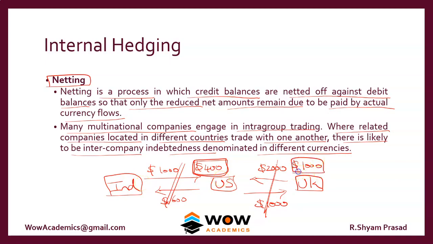So the company has to hedge for a total position of $1,400 because it is getting a net income of $400 from India and then again a net $1,000 from the UK. So the total external hedging required would be for the $1,400. So that's about netting.